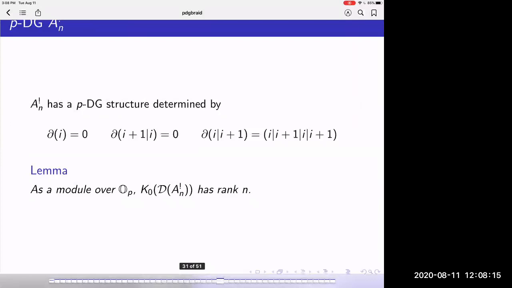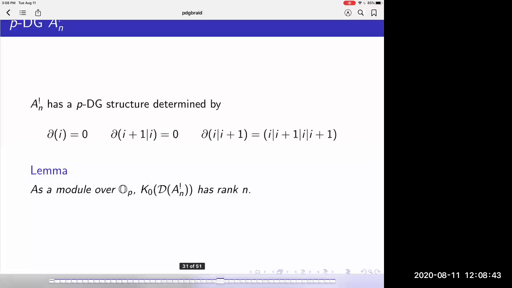Okay, and so we saw several examples of PDG algebras in Chiu's talk. In fact, we saw this actual example. So A_n shriek has a PDG structure. And from Chiu's talk, this was a very special case of these quiver Schur algebras arising when you try to categorify SL2 at a root of unity. So A_n shriek has a PDG structure defined as follows.